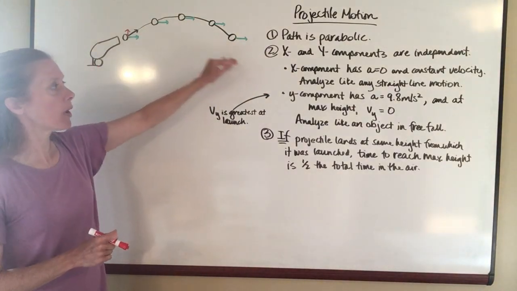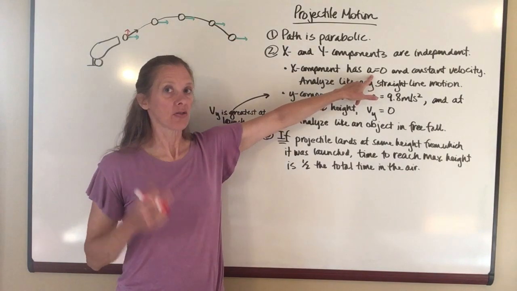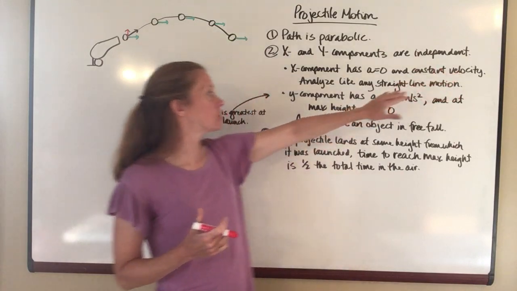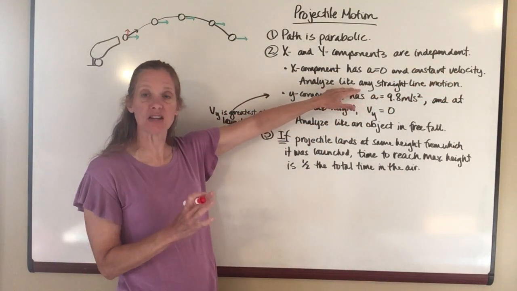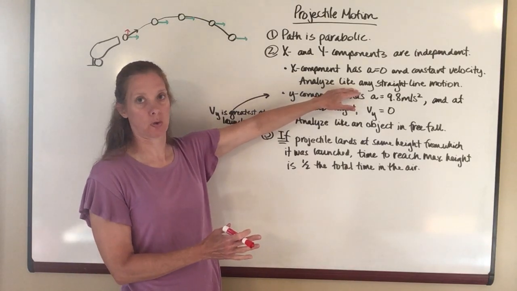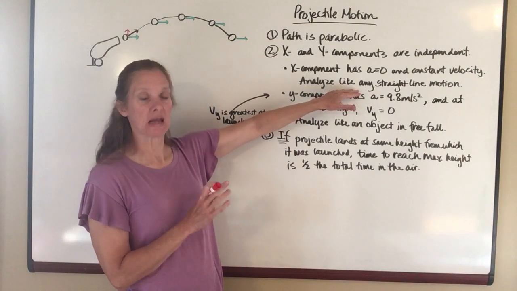Since the acceleration is 0 in the x direction, the velocity in that direction is going to be constant, okay? So I can analyze the x component just like I would any straight line motion that you've learned how to analyze back when we did that in modules 1 and 2.